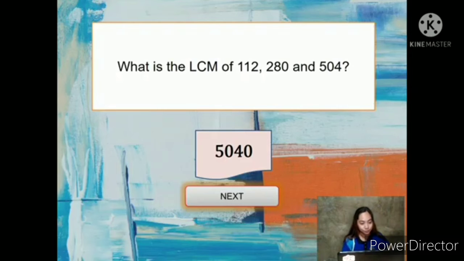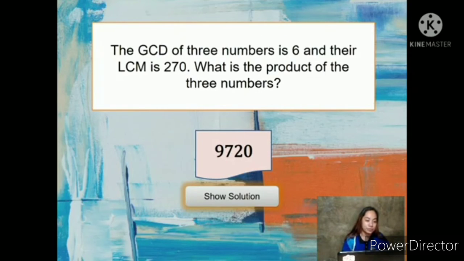So, next, the GCD of three numbers is 6 and their LCM is 270. What is the product of three numbers? So, the answer is 9,790. Same process po sa naunang question. So, show the solution.